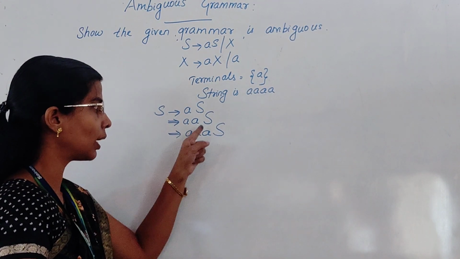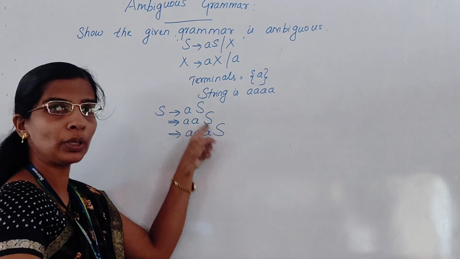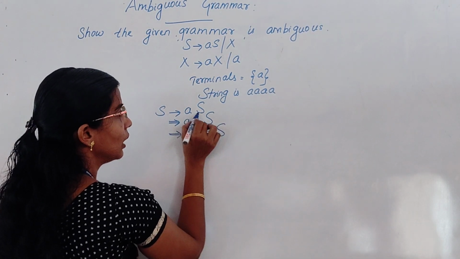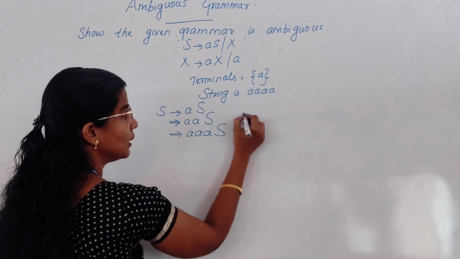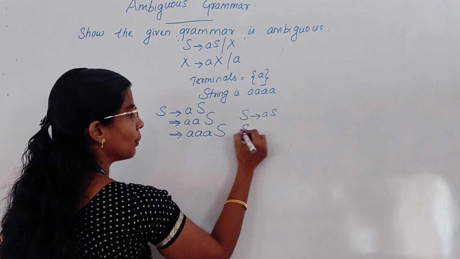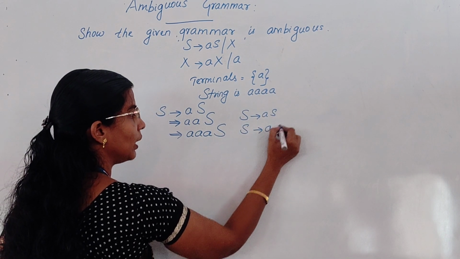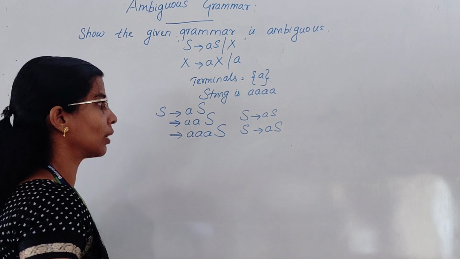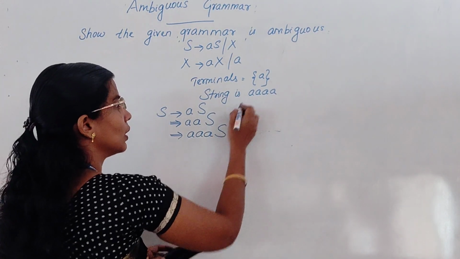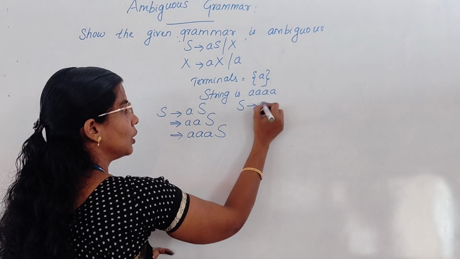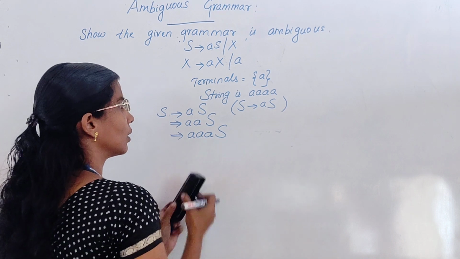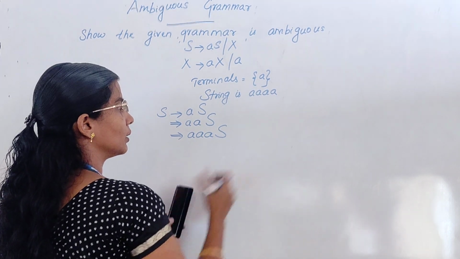What am I doing? I am doing substitution. If you have any confusion, you can write it down. Here I am replacing this S by AS. Here also I am replacing the S by the AS production. S tends to AS is the rule I am using. You write it like this.